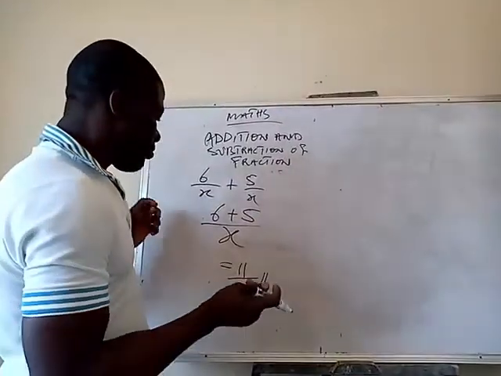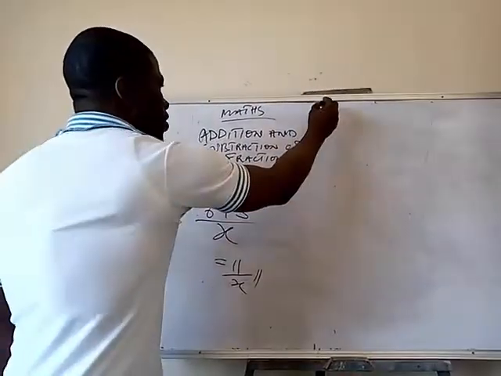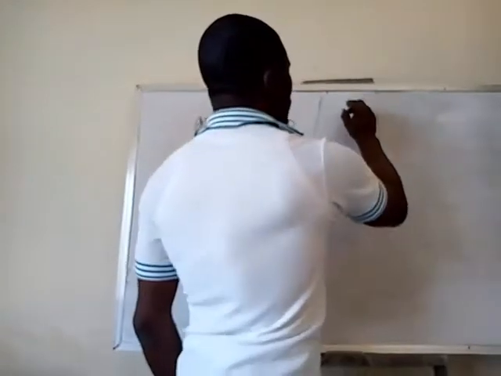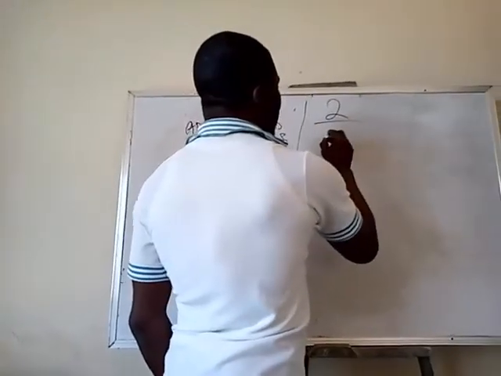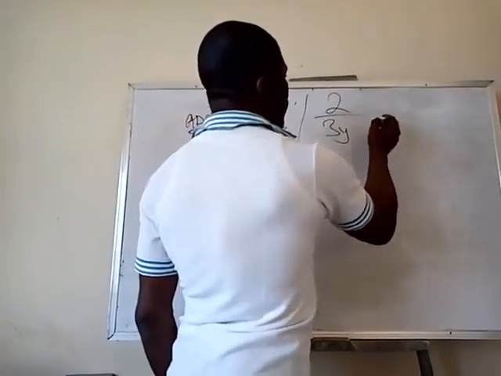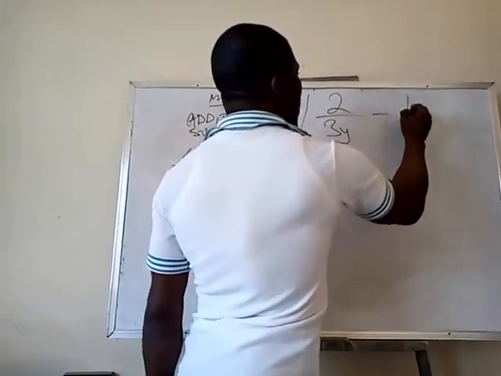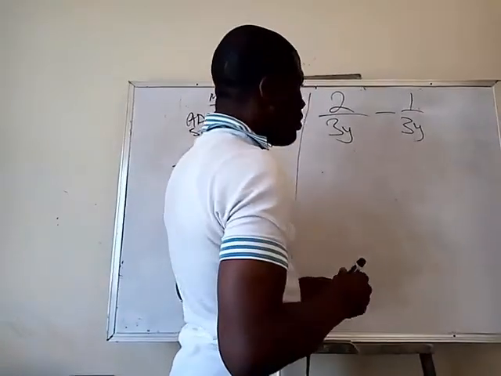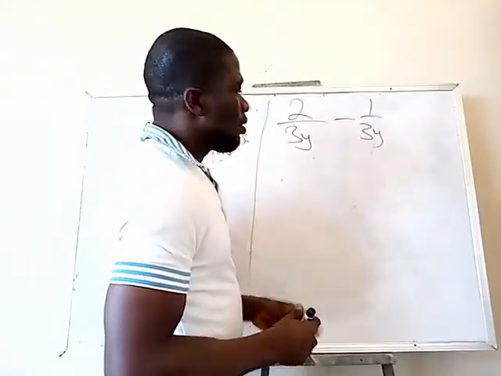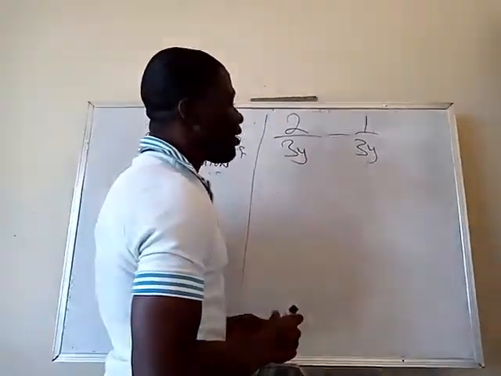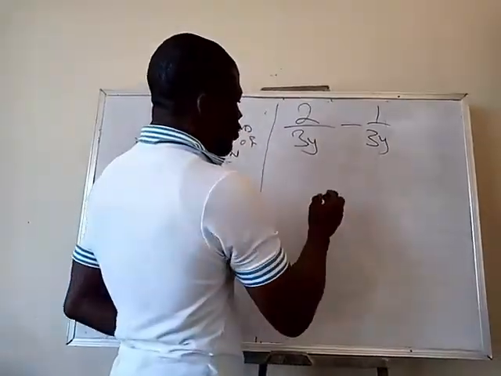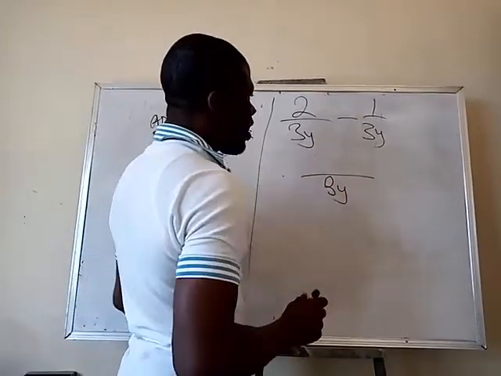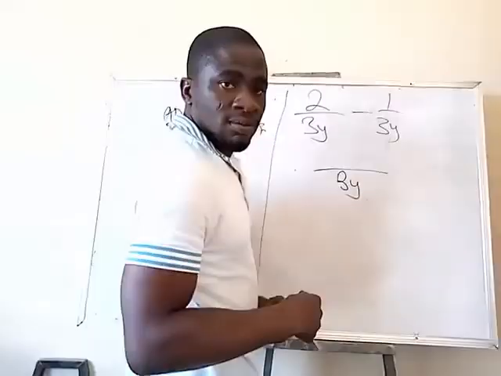Let's go again. If you are given an example like 2 over 3y minus 1 over 3y, the same thing applies. Since they have the same term at the denominator, you bring down the denominator as the LCM of the two fractions.